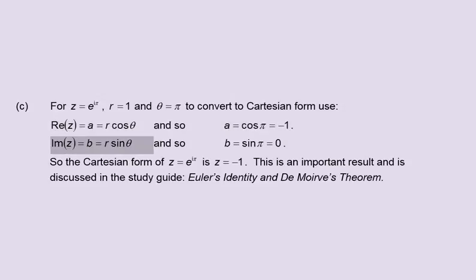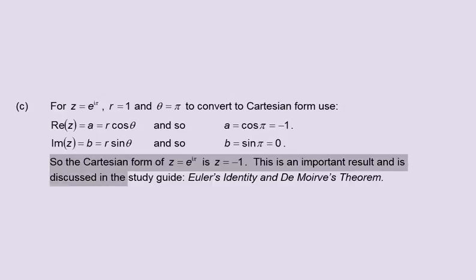The imaginary part b equals r multiplied by the sine of theta, and so b equals the sine of pi, which equals 0. So the Cartesian form of z equals e to the power i pi is z equals minus 1. This is an important result and is discussed in the study guide, Euler's identity and de Moivre's theorem.